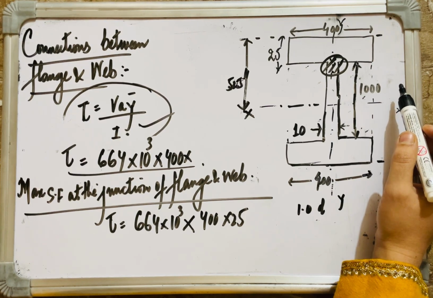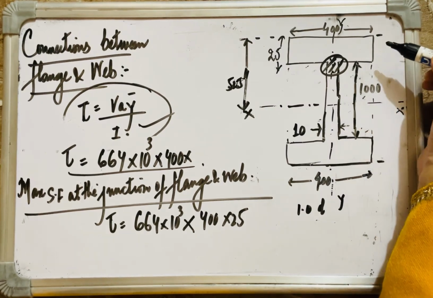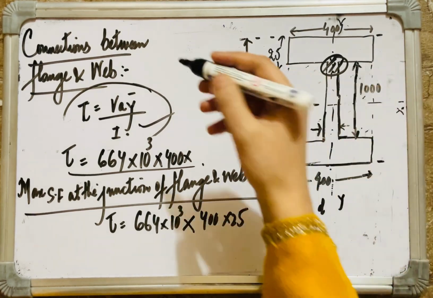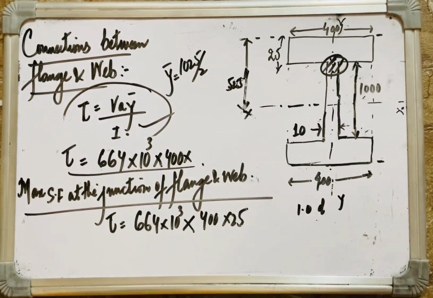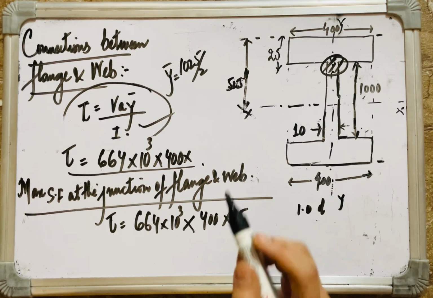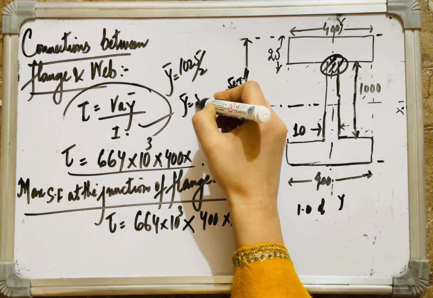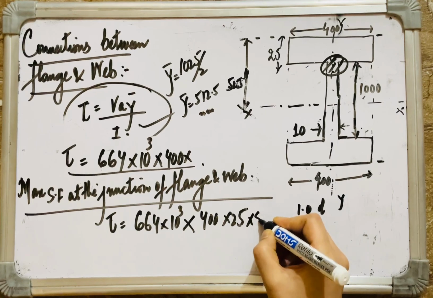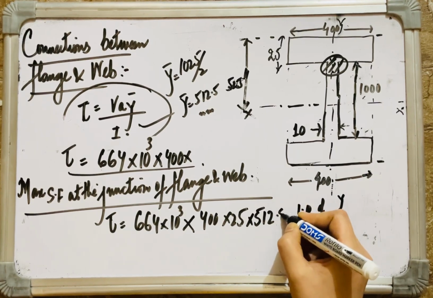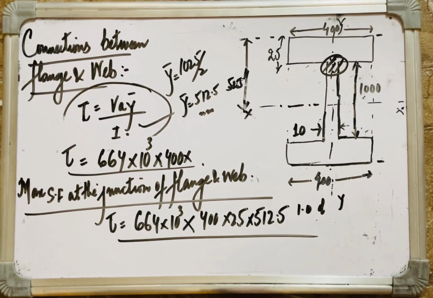That is the distance of the centroid of area from the neutral axis, and that is equal to how much? 512.5 mm, divided by I xx.